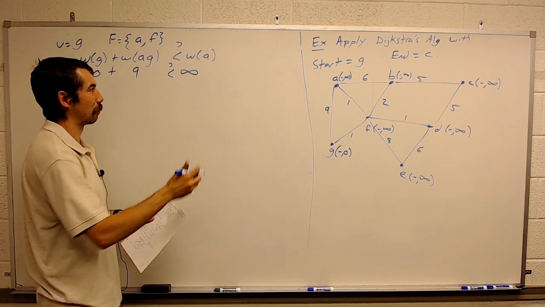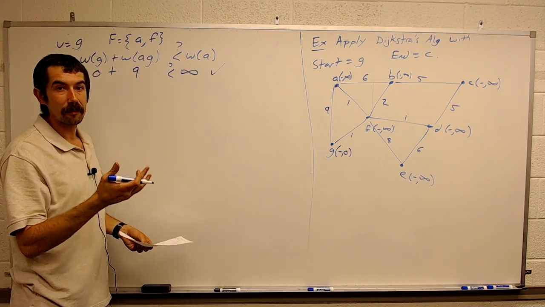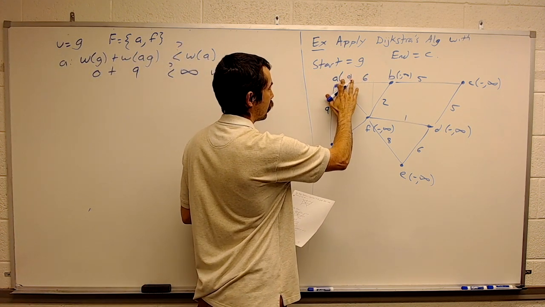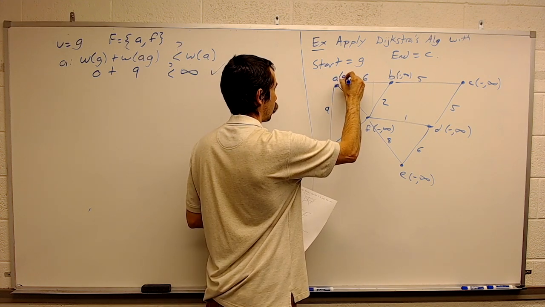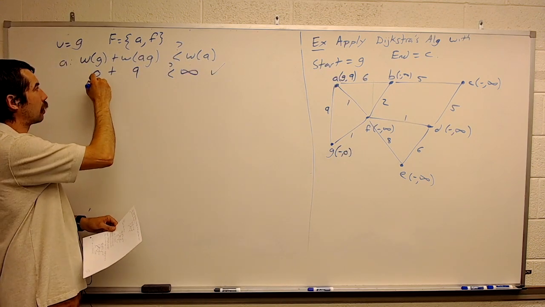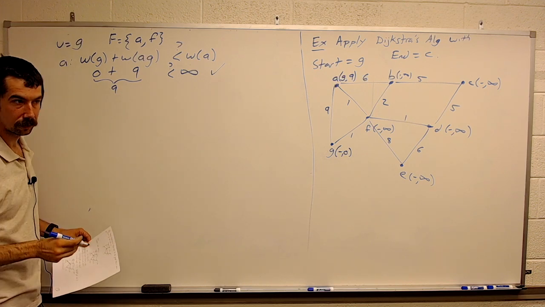Yes. All right, great. It is. So now we're going to update the label for A. It's no longer dash infinity. It is now G 9. Okay, where did the 9 come from? It came from this here. 9.